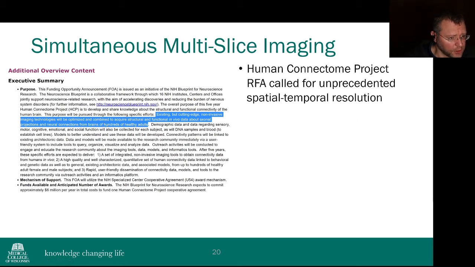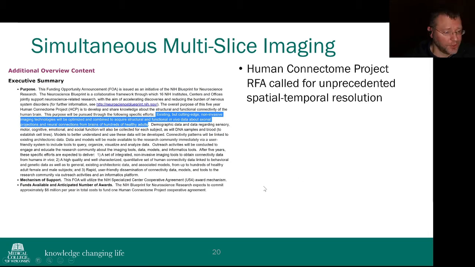And it got people's attention. They were talking about a 5-year study, $6 million per year. So that got a lot of folks thinking about how to actually improve fMRI acquisition to go beyond that spatial limit that people were seeing at about 3.75 to 4 millimeter resolution.